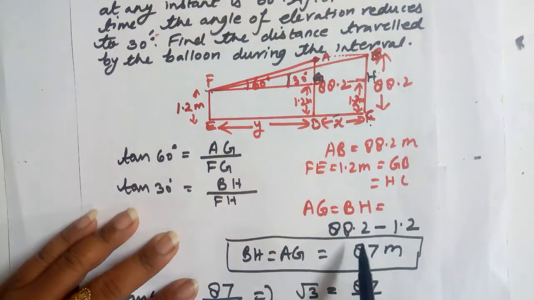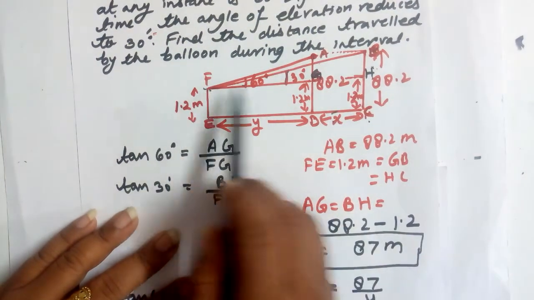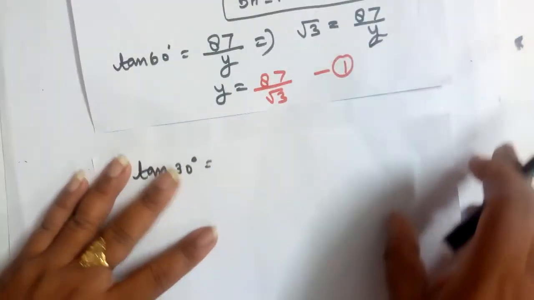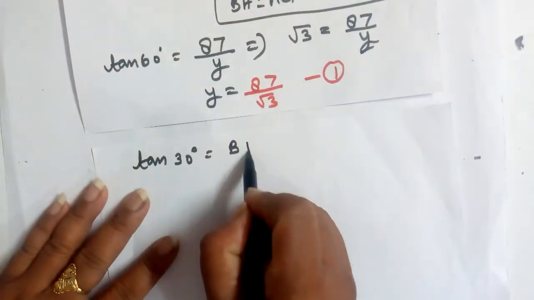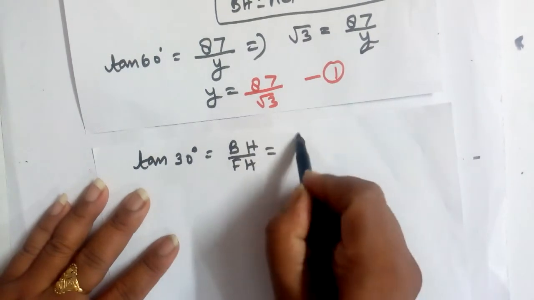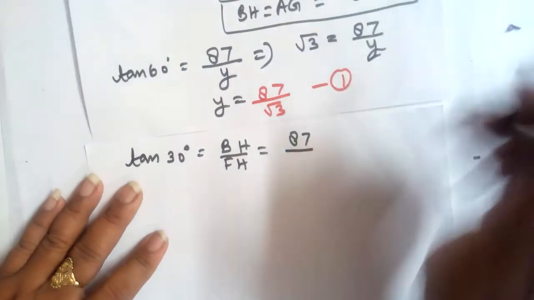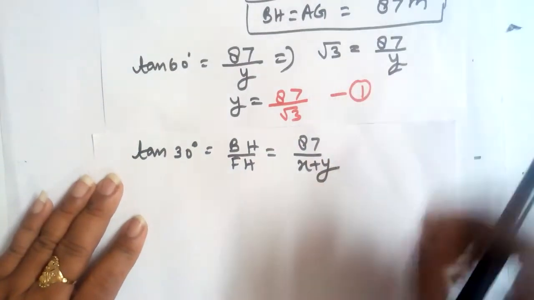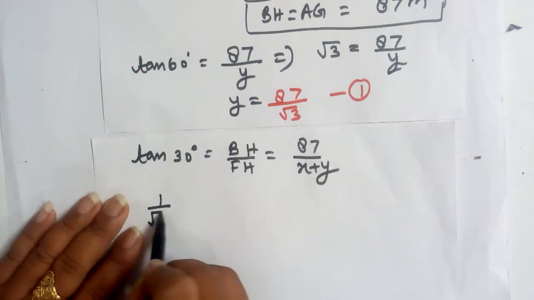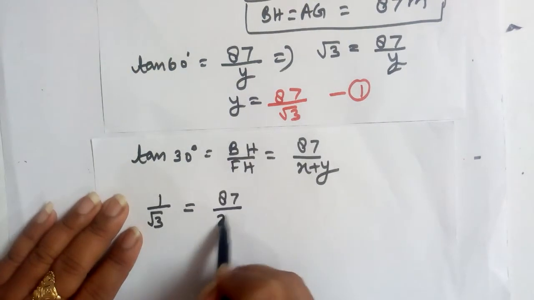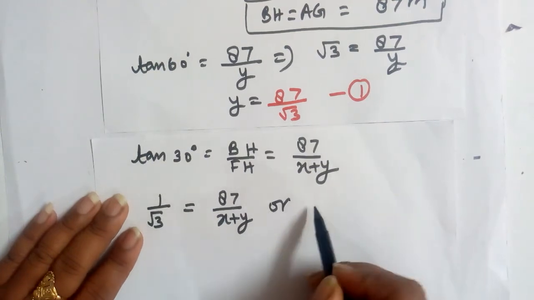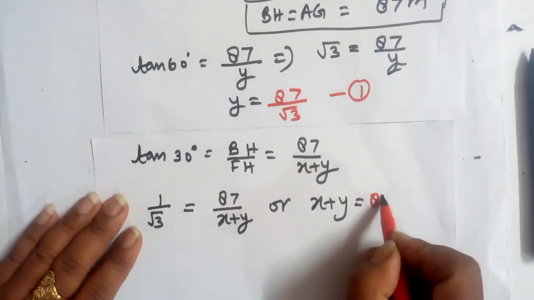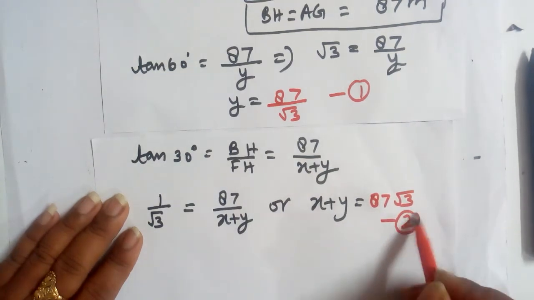This is 87 meter that we have found out, BH is 87 meter, and this FH is equal to X plus Y. So now tan 30 is equal to BH upon FH, that is equal to 87 upon X plus Y, and we know that the value of tan 30 is 1 upon root 3, so that is equal to 87 upon X plus Y, or X plus Y is equal to, by cross multiplication, 87 root 3. So we can give this the second equation.